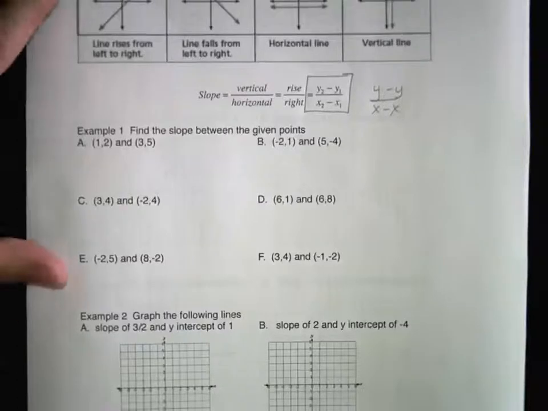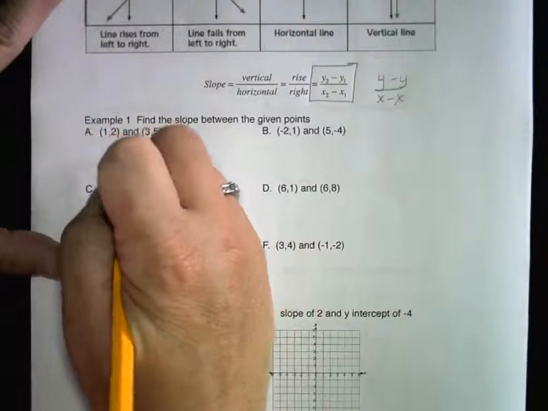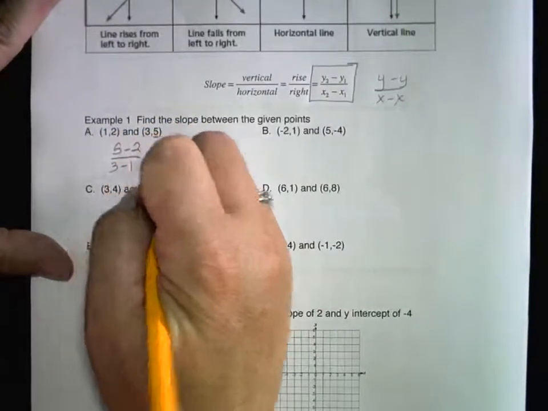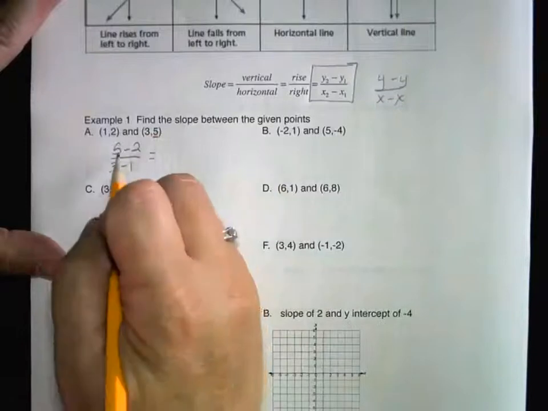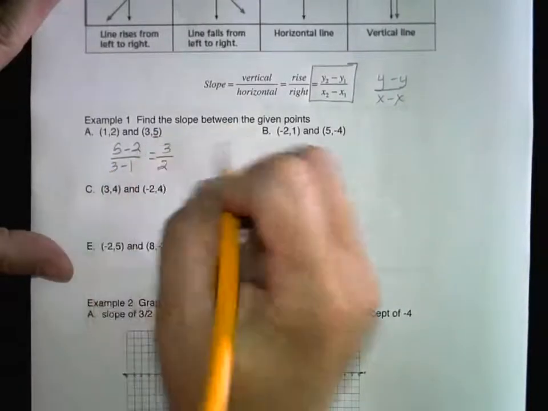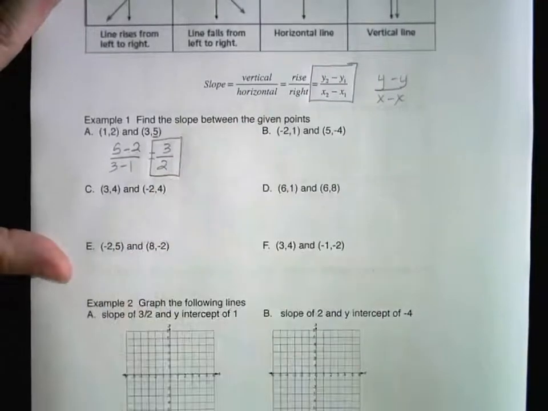Whichever y you start with, you have to start with the same x. So I'm going to start with this one. 5 minus 2 over 3 minus 1. 5 minus 2 is 3. 3 minus 1 is 2. So your slope is 3/2.